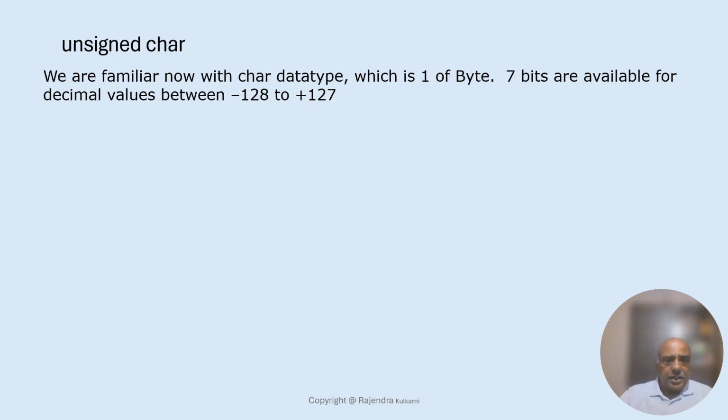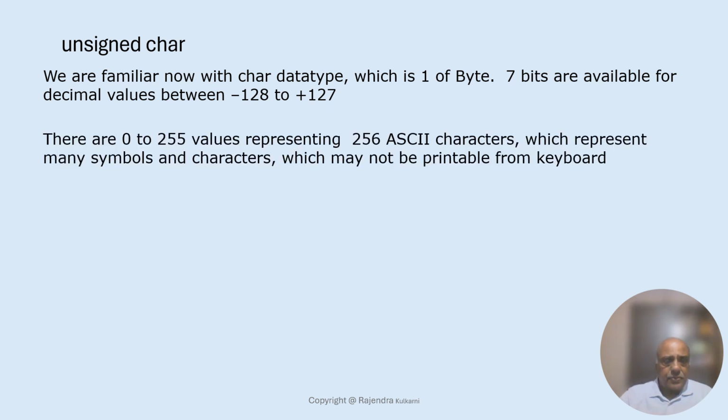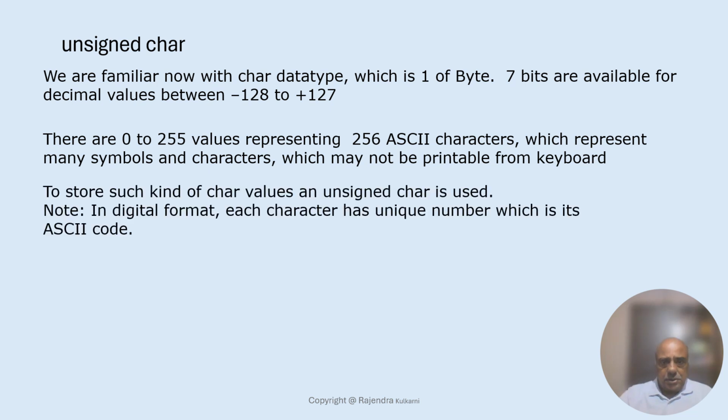When it is declared as an unsigned char, 0 to 255 will be the range which can be stored in a char variable. There are 256 ASCII characters, so each ASCII character can be stored in one 8-bit long char type data.